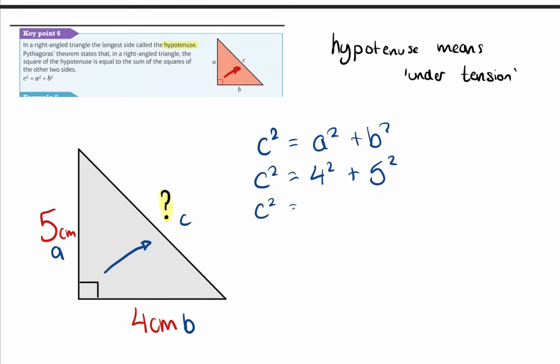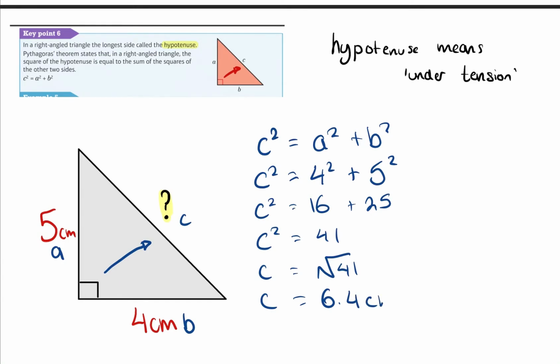C squared equals 16 plus 25, 41. So C equals the square root of 41, and we'll do this to two significant figures. So we're going to get a final answer of 6.4 centimeters. There we are. Okay, lovely.